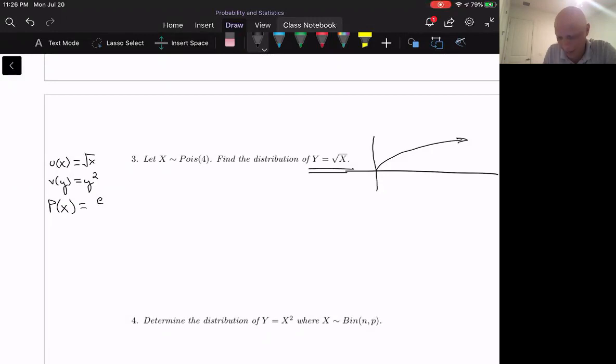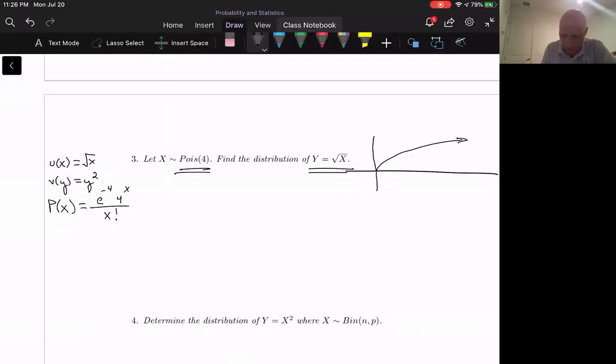Not yet. e to the negative 4 times 4 to the x power over x factorial. So e to the negative lambda times lambda to the x over x factorial, but we're given that lambda is 4 right there. So that's why I plug that in.